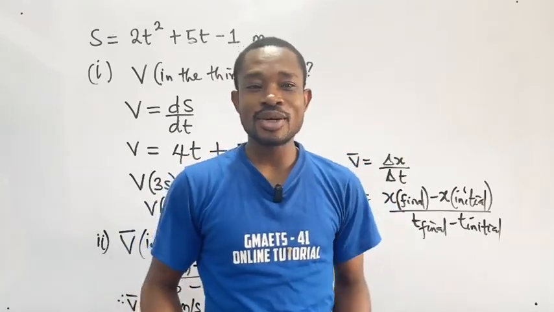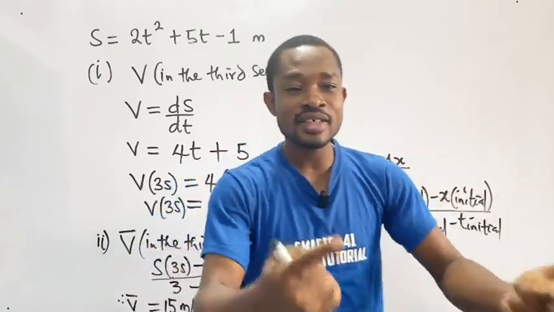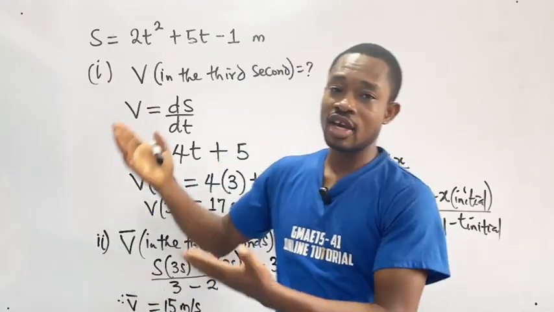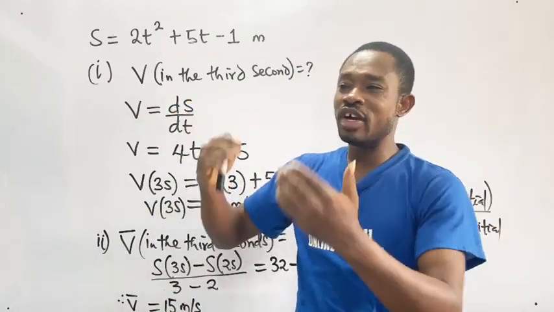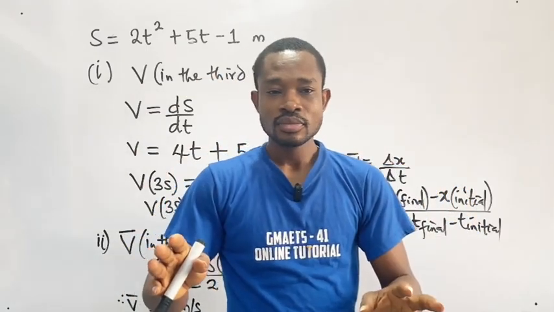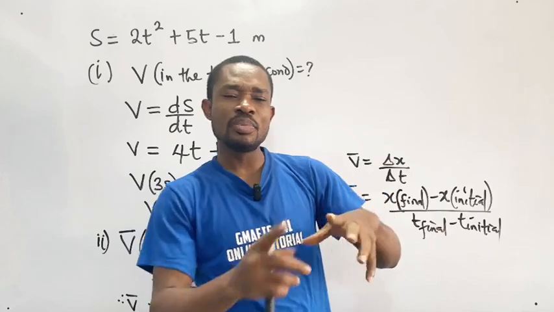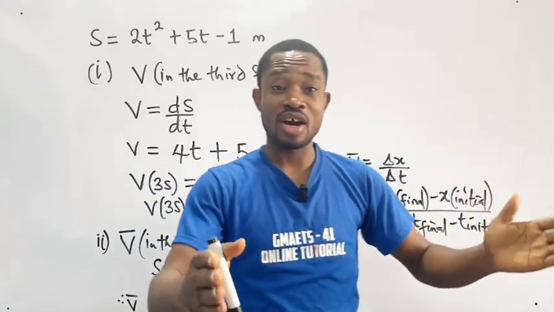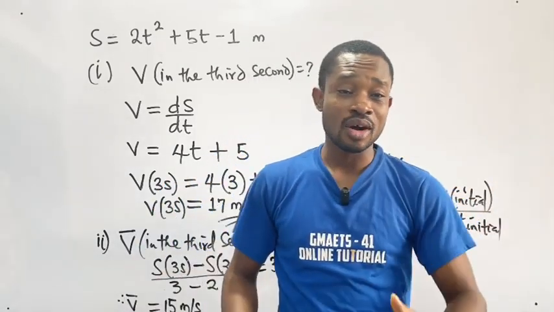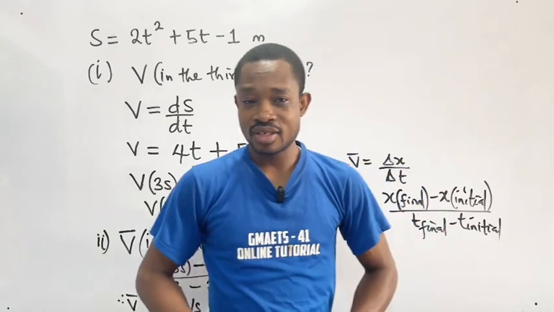But whereby they just tell you find that quantity without using average, you hear find maybe velocity. In the case of the first part of the question, velocity in, and the time is given, that velocity is instantaneous. Then in the case where you are asked to find velocity between, and they give you 2 times, that velocity is actually what? Average.